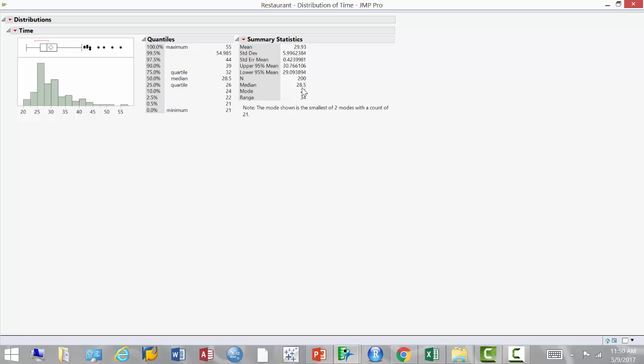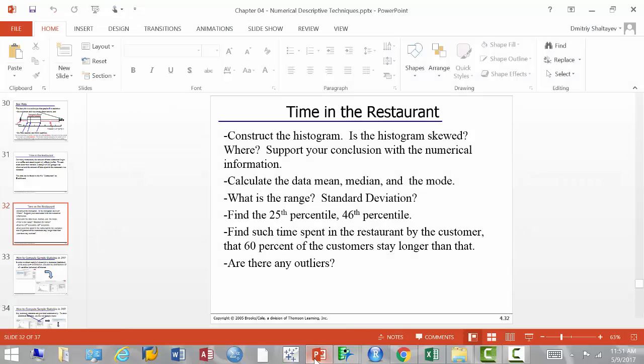Median is 28.5, that comes next. And the mean is 29.9, oh, 30. So what we had on the slide before is actually true in this histogram. Right skewed, first you have the mode, then median, and then the mean. So the fact that the three are separated also tells you that there is a skew in the histogram. Okay.